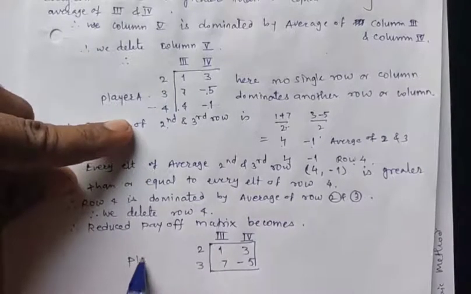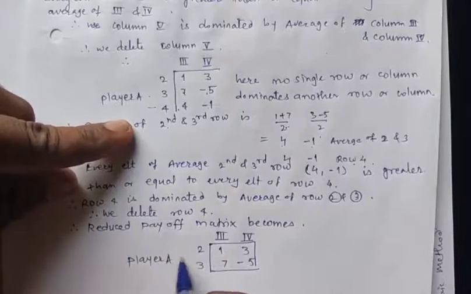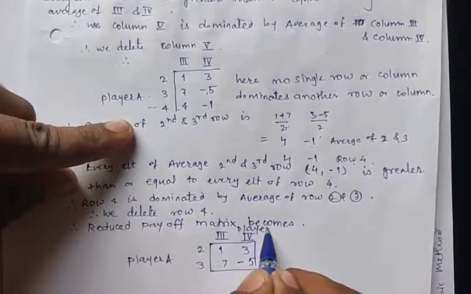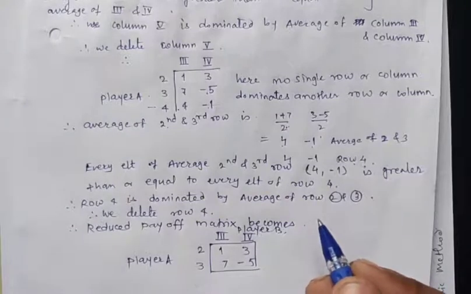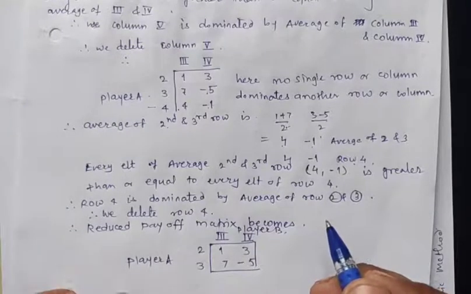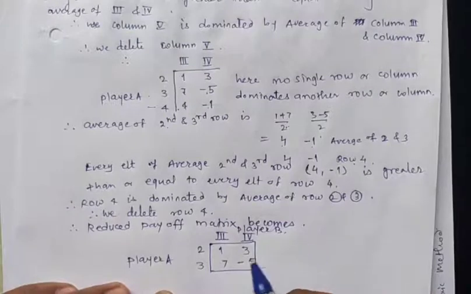So this is player A's strategies and this is player B's strategies. Now we solve this 2 by 2 game using the algebraic or arithmetic method. Before that, first check whether it has a saddle point or not.